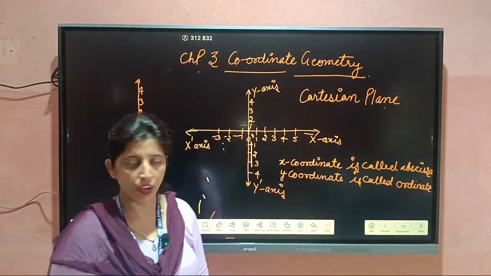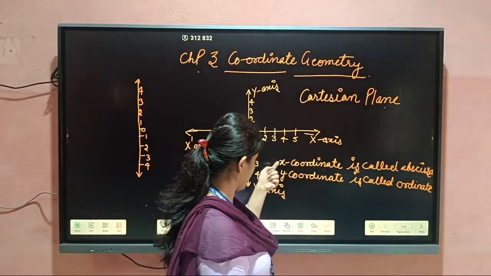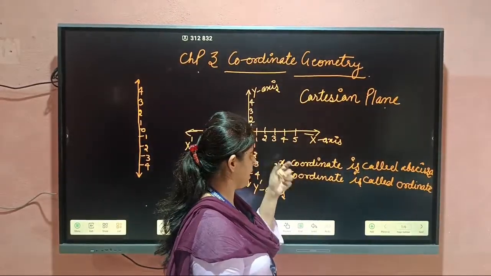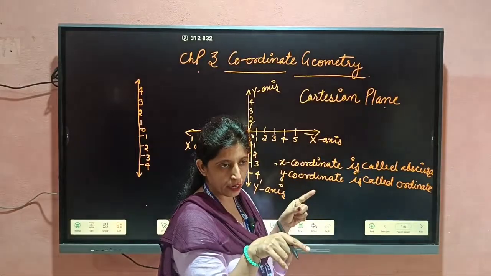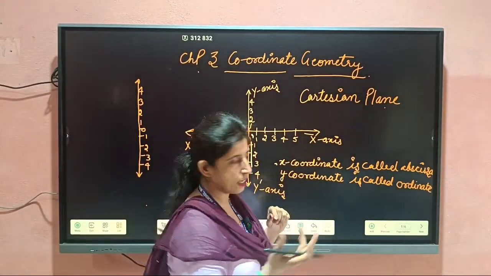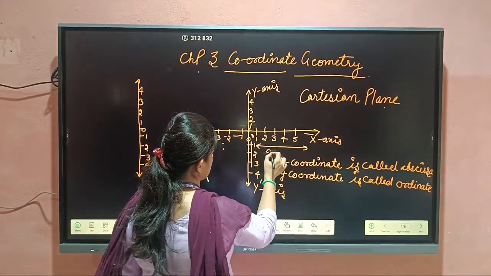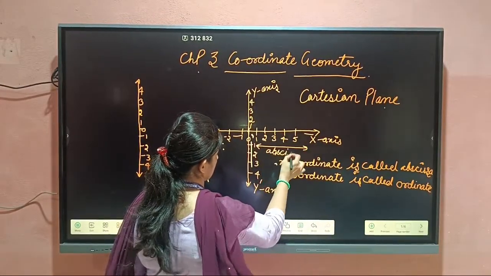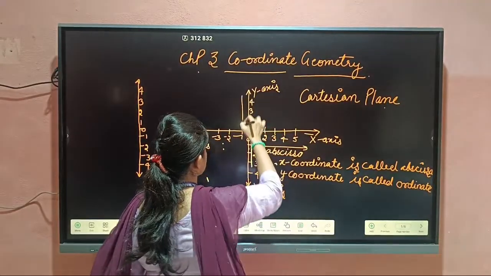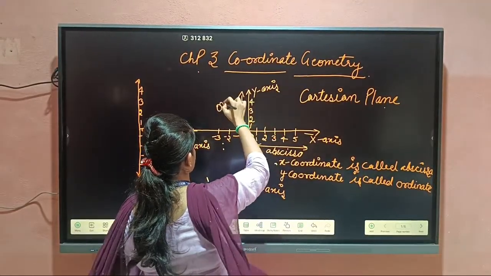When we take both x and y coordinates, that will be called coordinate. ठीक है? So this full line is called abscissa, and this is ordinate.